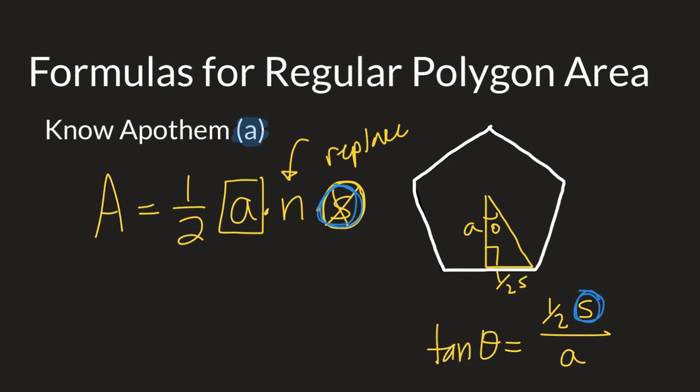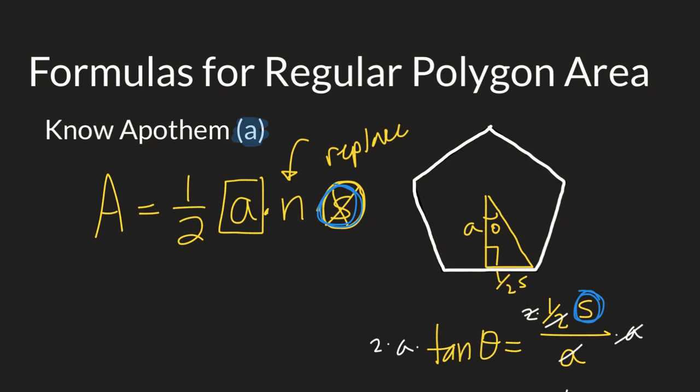Okay, and it turns out when we do that, when we multiply by A, we find that the side length is 2 times the length of the apothem times the tangent of our angle. That's done with some algebraic manipulation. We multiply both sides by A, and then multiply by 2 to get rid of the 1/2 to get S by itself.